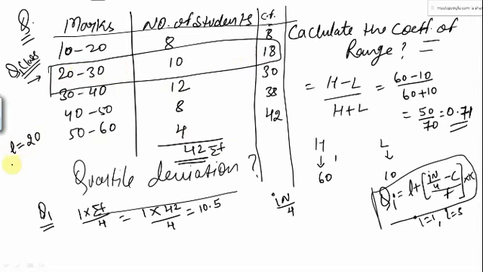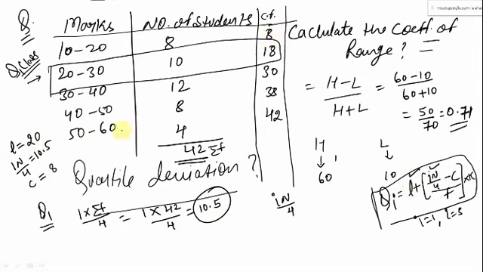L is 20, and 1n by 4 I have already calculated, it is 10.5. Then I need C. What will be the value for C? C will be 8. Why 8? Because we take the CF just preceding the quartile class, which is 8.